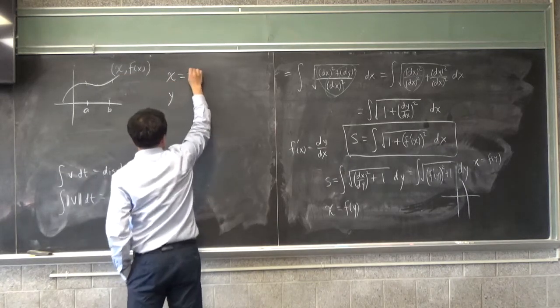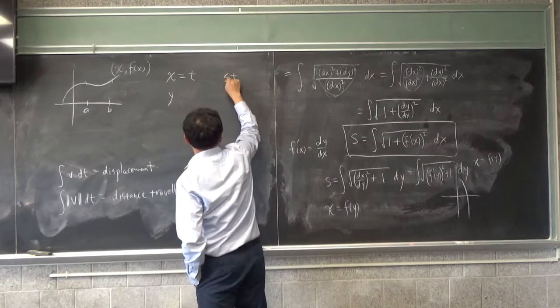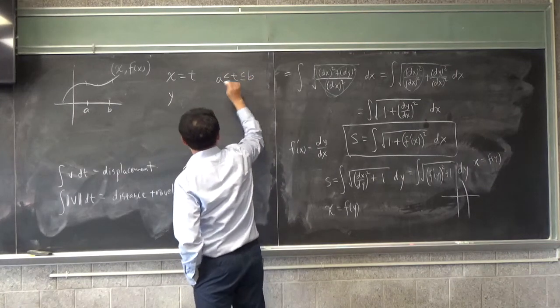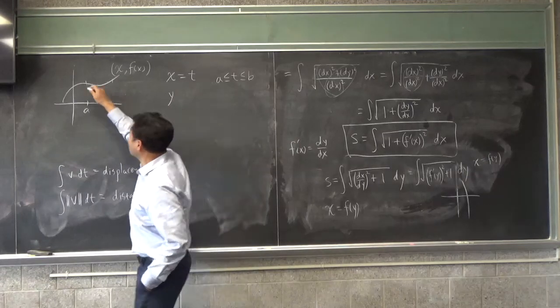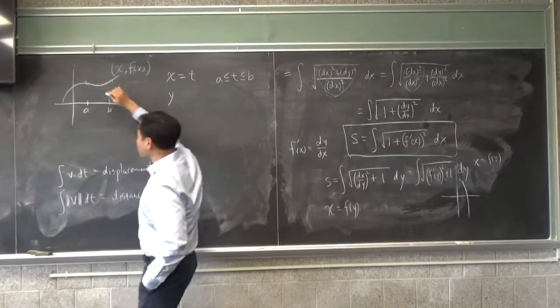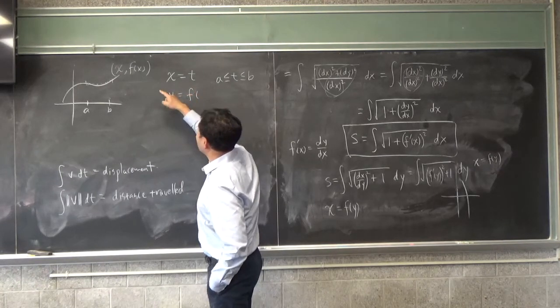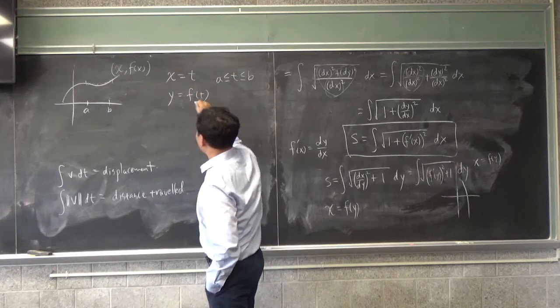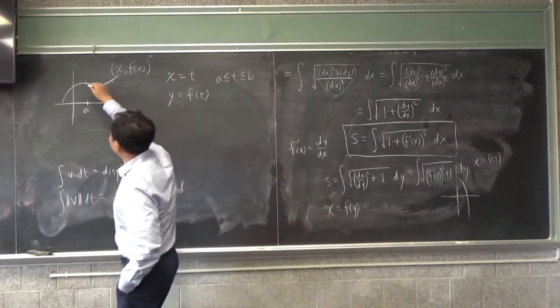So x is like t. So at each time t between A and B, it tells you exactly where its x coordinate is, right? It's moving from here to there. Okay? And the y coordinate is f of x, but because x is the same as t, it will be like y equals f of t. Okay? So this describes a moving point from here to there.